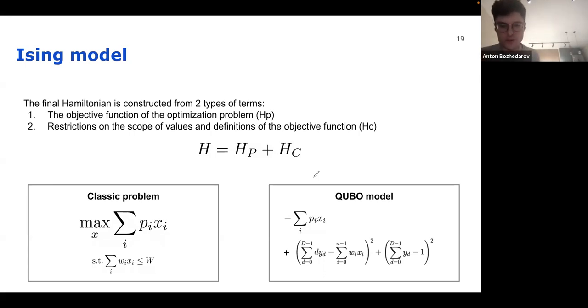The idea is to encode the problem of interest, or the problem that we would like to solve, as an energy function, and then apply adiabatic transformation. So we start with some H0, that is a very trivial case of the energy function, and over time it goes to the problem of interest.